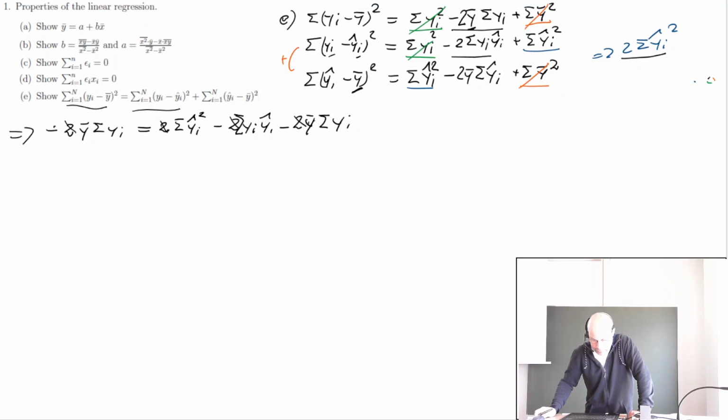Then we obtain y hat i, y bar, that these two are also canceling.